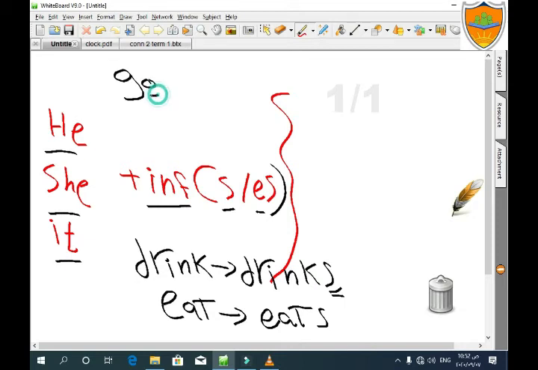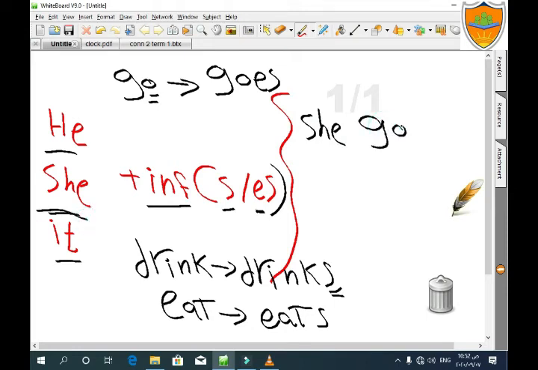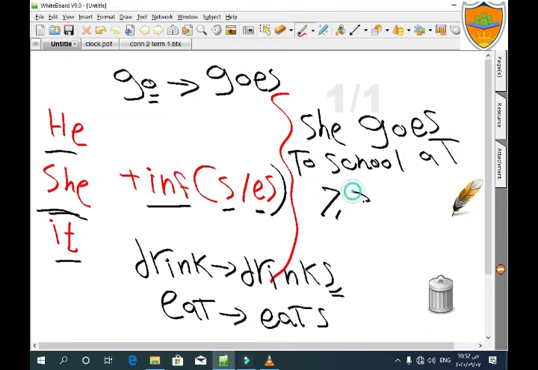Go ends with the letter O, so we will put es. So go turns to goes. Let's have an example. She goes, not go, goes to school at 7:30.